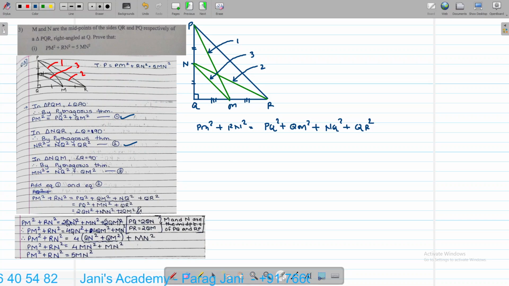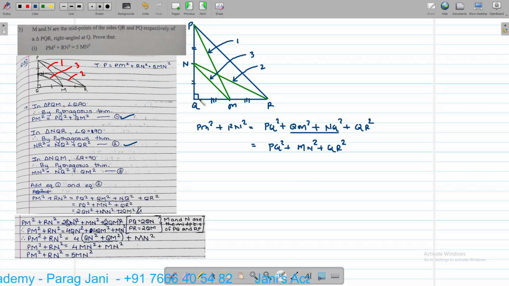So instead of these two, we can say PQ square plus MN square plus QR square. Because due to Pythagoras, QM square plus NQ square is basically MN square, so I have written MN square. Now you have to write PQ square.